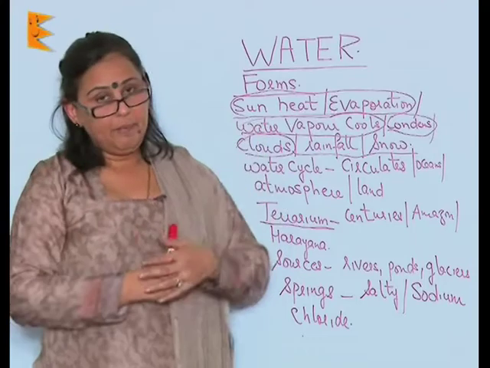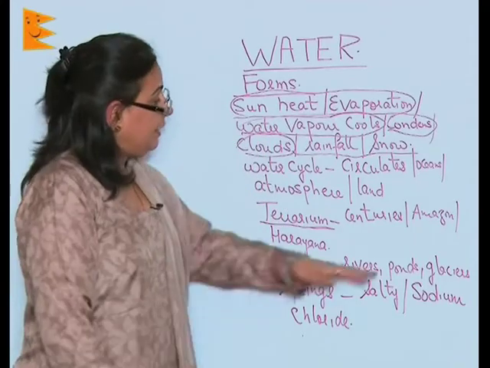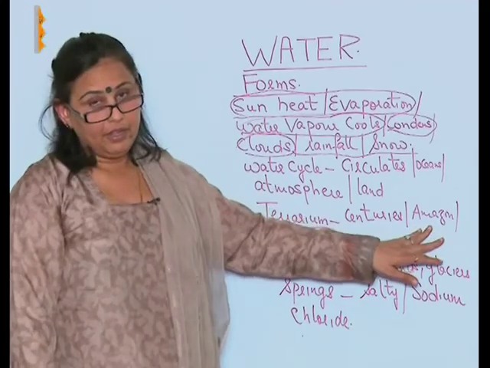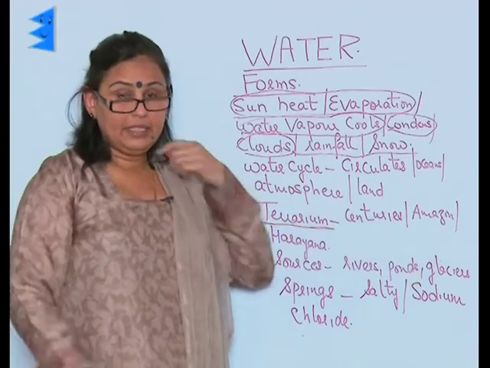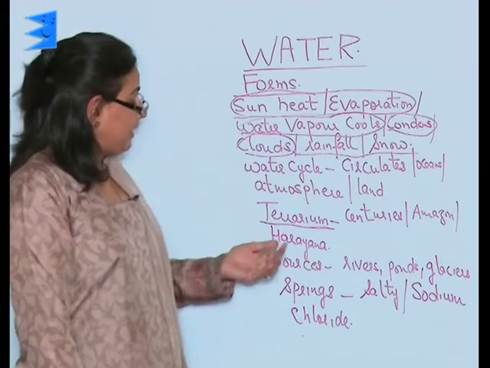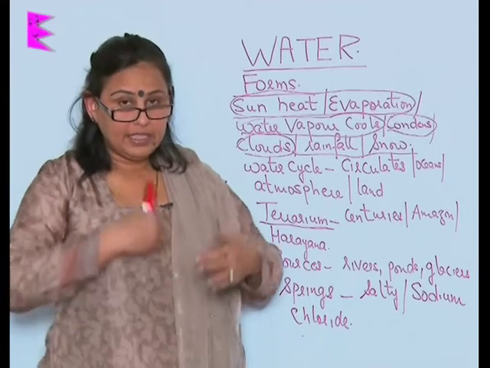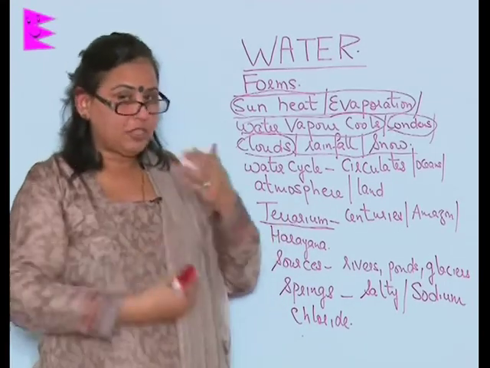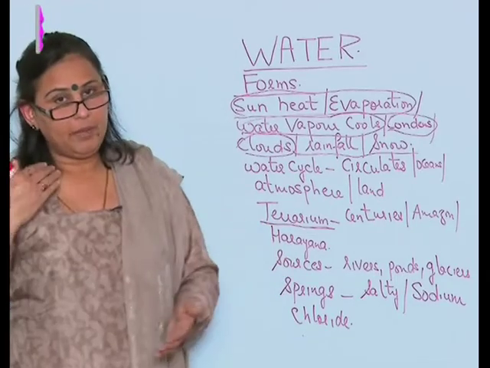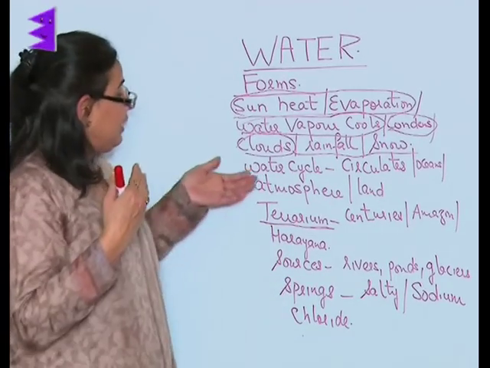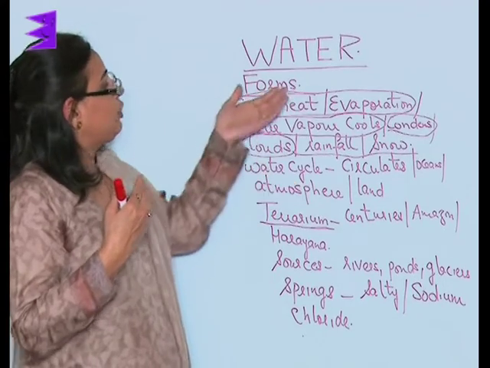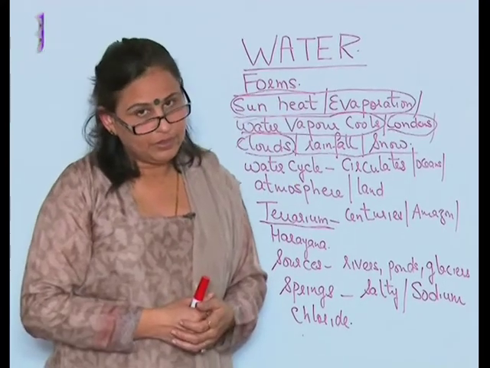You should not be amazed when I say that the Amazon river could be containing the same water which was there in the fields of Haryana. So it's the same water which keeps on changing from one place to another, not only in the form of the water cycle but also in its various forms.